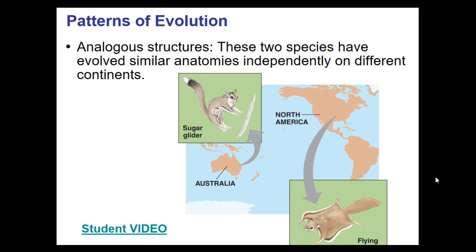Those two continents have been separated from each other for hundreds of millions of years, but they just both evolved to look like that on their own. Maybe because they live in similar environments and natural selection acted on them in similar ways, so they turned out to have similar features, or there's just some chance involved. By accident, they turned out to look similar.